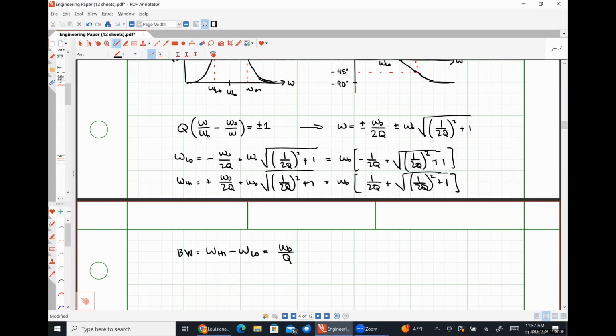So if we want to make a filter for a system where we only want to pick up frequencies over a very, very limited range, like in our cell phones, where I don't want to be able to hear everybody else's cell phone conversations in the same region as my cell tower, I need a system with an extremely high Q value so that the selectivity is very, very precise, right?